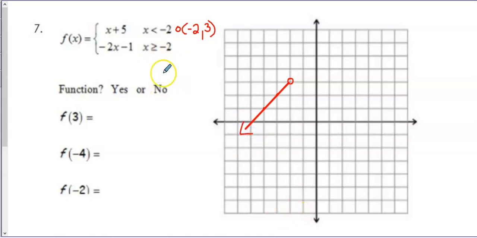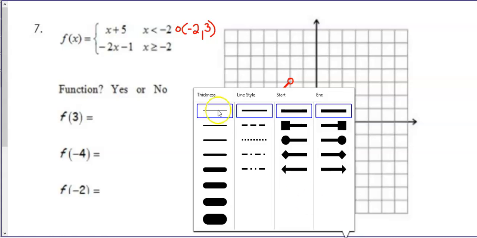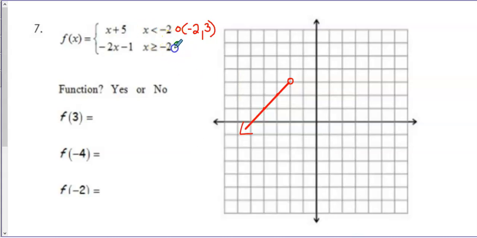Okay, the other one, and I'll do this in a different color. I'll do this one green. The other part starts at -2 again. This one is a colored in circle. -2, and let's see, that's -2 times -2 minus 1. That's 4 minus 1, so that's 3 again. So -2, 3. Let me make sure on my key, yeah. So I'm going to go to (-2, 3), and I'm just going to color that in. Sometimes that happens where you have an open circle and a closed circle at the same place.